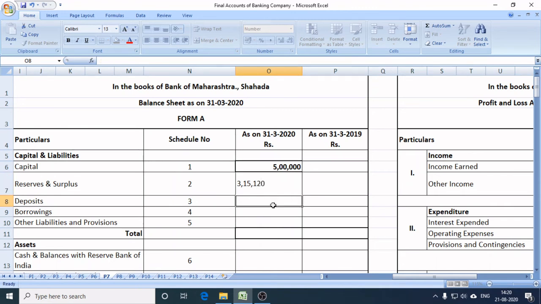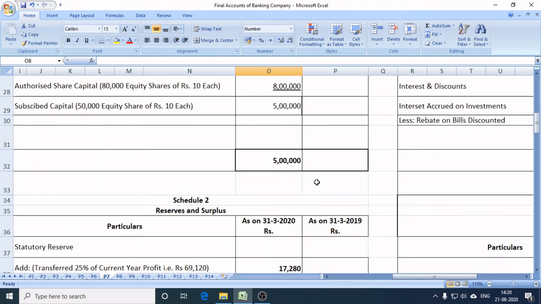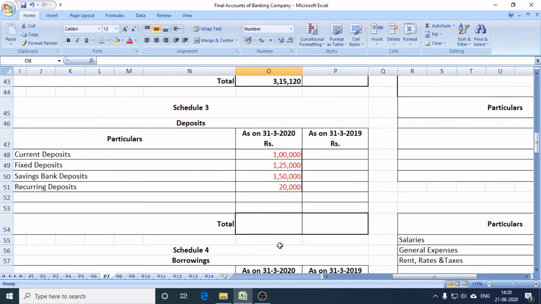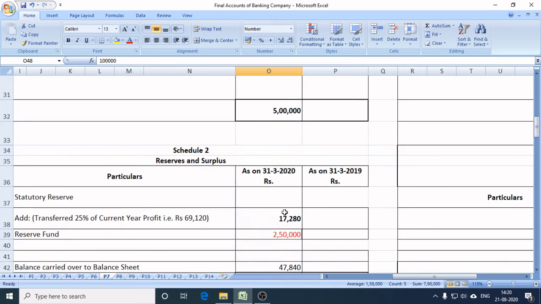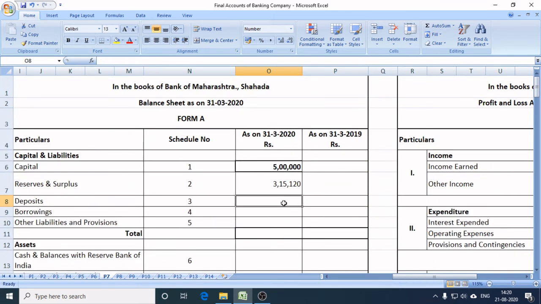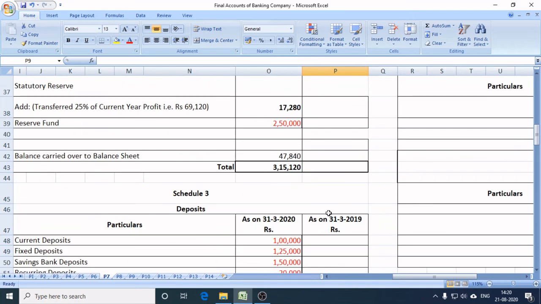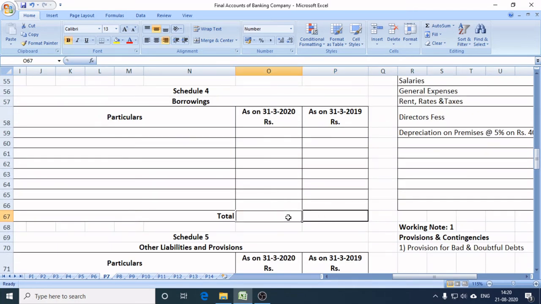Now number 3 is deposits. The total is 3,95,000. Now next is borrowings. Okay, nil balance is here.